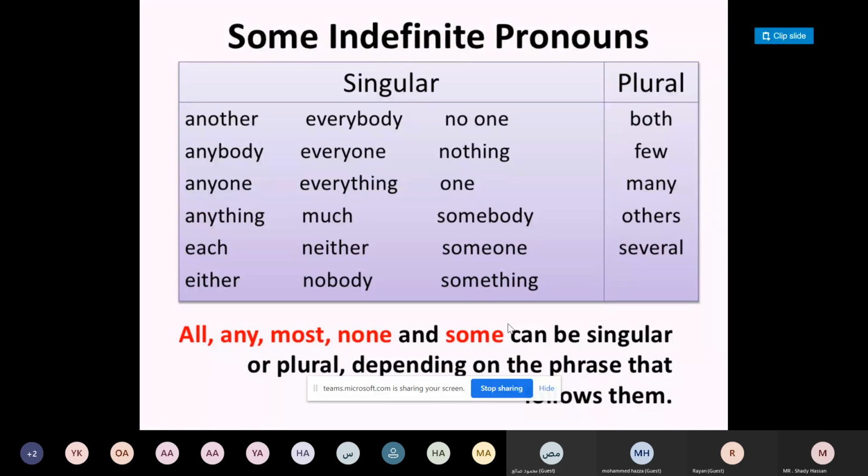Who did that? It's somebody. Who's that? I don't know. Because we don't know this subject, we call it an indefinite pronoun. That's why these categories are called indefinite pronouns.